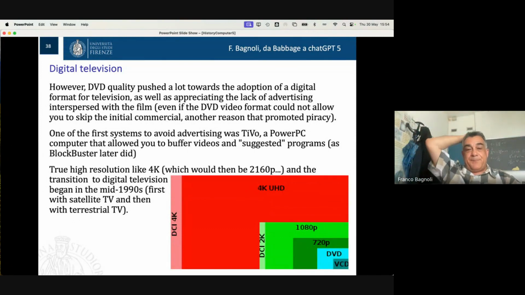And then clearly there was the rise and fall of Blockbuster, which started renting VHS tapes, and then DVD, and then disappeared quite quickly.